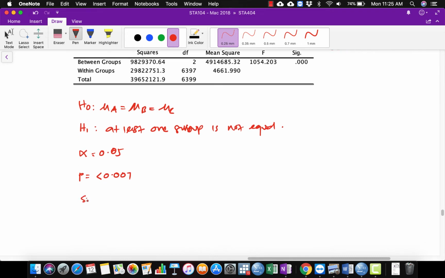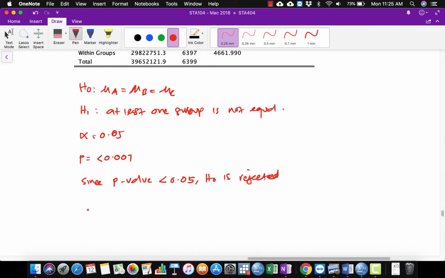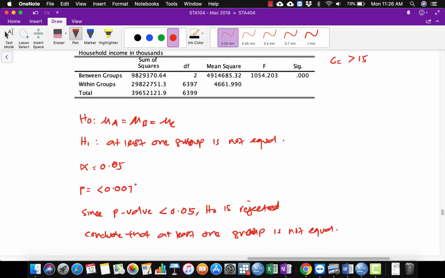Since the p-value is less than 0.05, the null hypothesis is rejected, so we can conclude that at least one group is not equal.